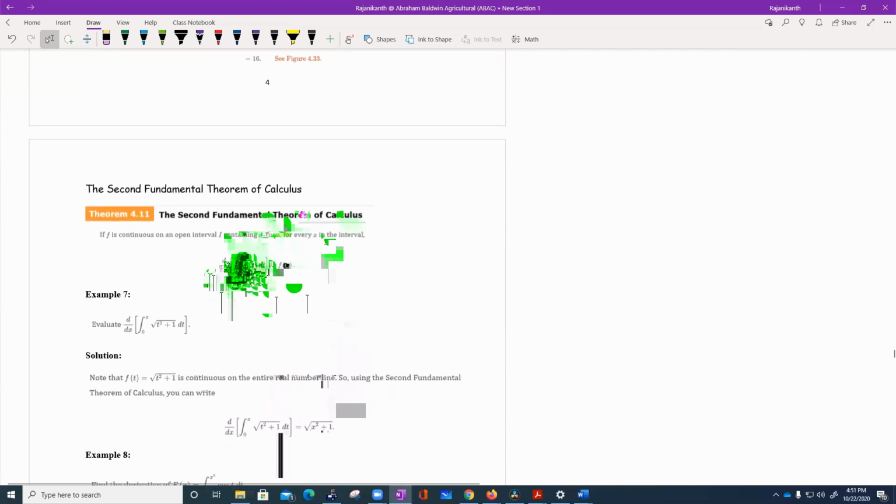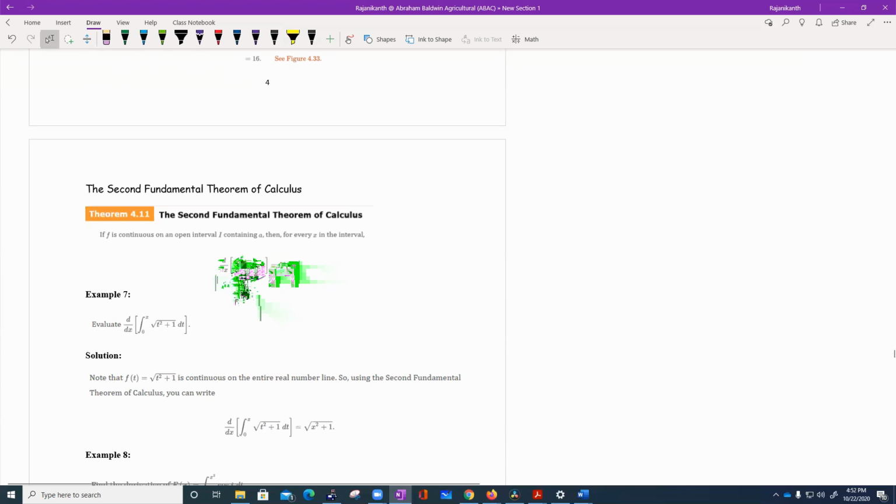This is nothing but the antiderivative of f(t) evaluated from a to x, right? Remember, a is constant here, x is the variable you could think of. That means this antiderivative answer, after evaluating the bounds, will be a function in terms of x, right? Once you take the derivative of that answer, you should get back the inside function, right? In terms of x.